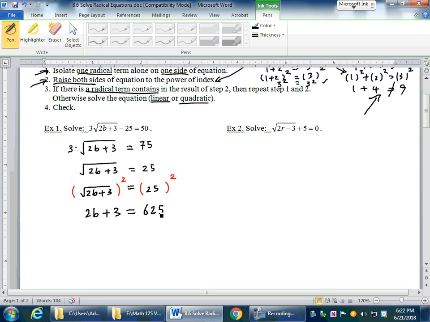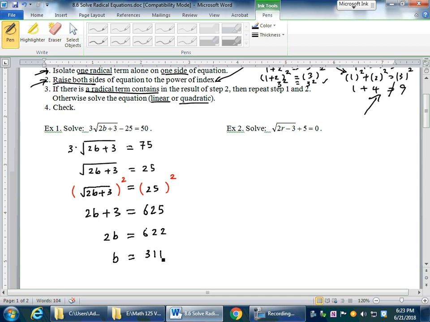We ended up with a linear equation. So solving a linear equation is basically isolating the variable by itself. Therefore, we subtract 3 and then divide by 2. So when I divide by 2 on both sides, that will become b is equal to 311.